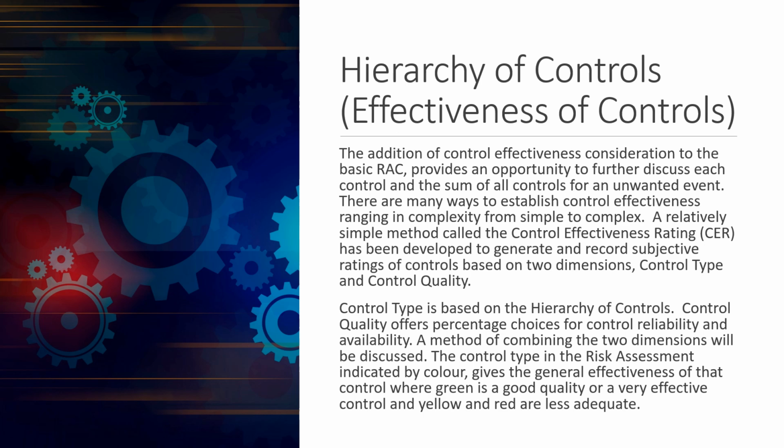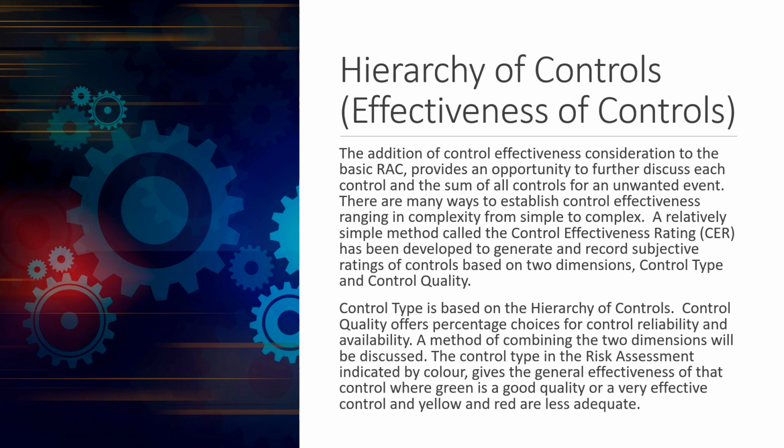So even though we look at the control type, because it's green, we are happy. Green means go, and so you think it's a low risk. But when we look at the percentage choices, and we notice that the percentage is only ranging to 20% because we are only putting PPE onto it, we then say there is a better quality of control.